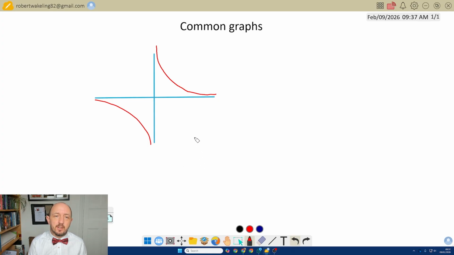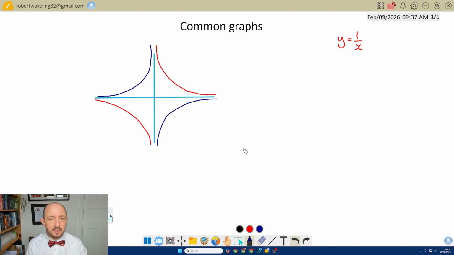Okay, so it's kind of like these two slopes, like that. Okay, this is 1 over x. Y equals 1 over x. So this is its common shape, and then minus 1 over x would kind of be the opposite, flipped upside down. So it's a reflection in this x-axis. So we need that one.